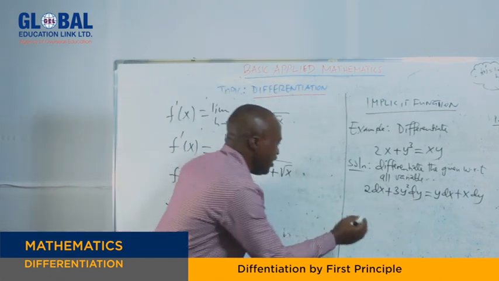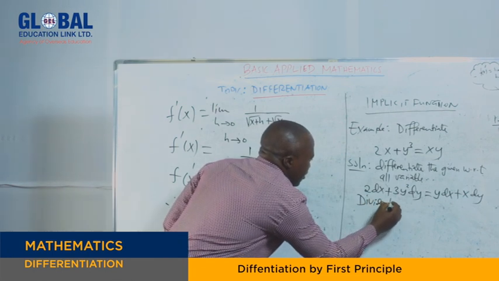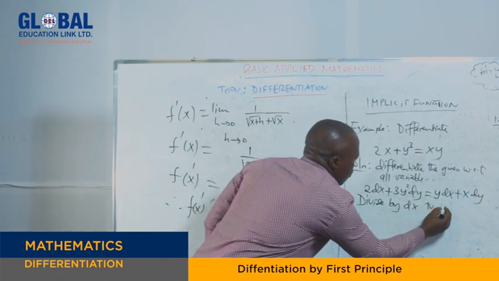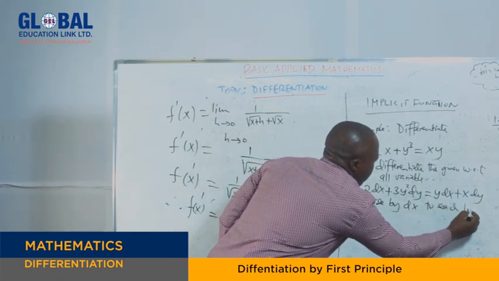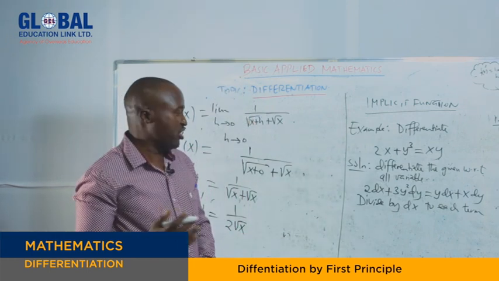Now, after this, divide by dx to each term.